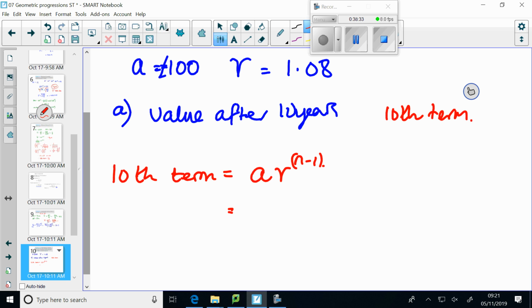Yeah. A is £100. R is 1.08, and I raise that to the power of 9. Pounds and pence, please.